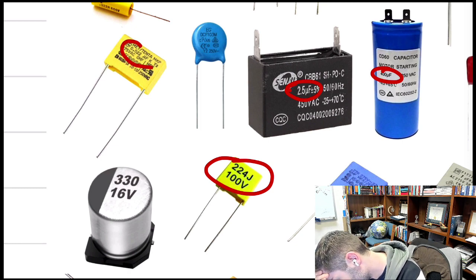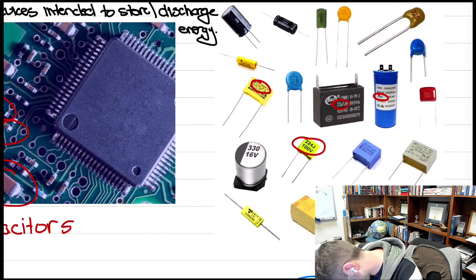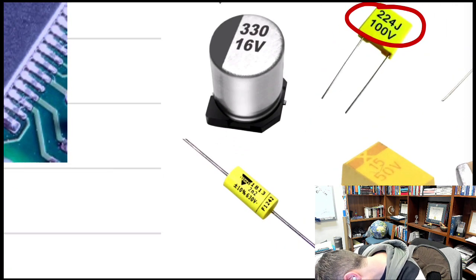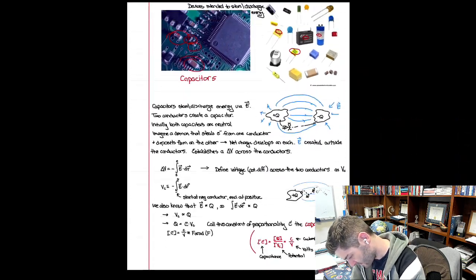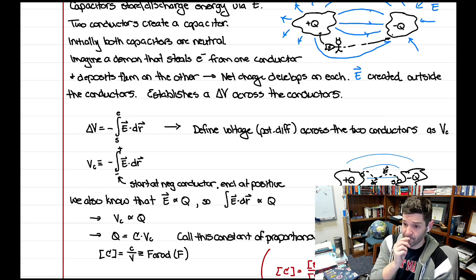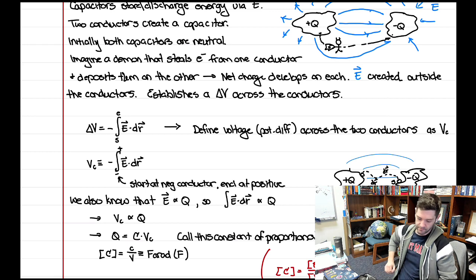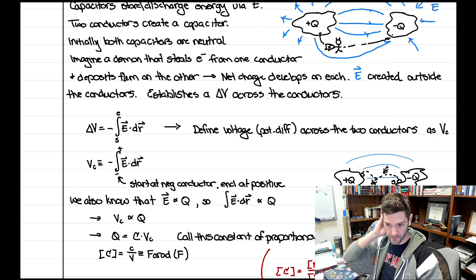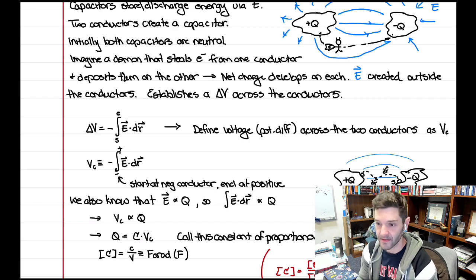Here we got 0.022 microfarads. That's kind of all I can see right here. And as you can see, microfarads, plus or minus an order of magnitude, seems to be kind of common in engineering and electronics.